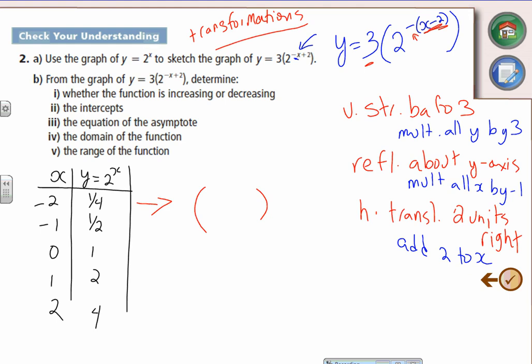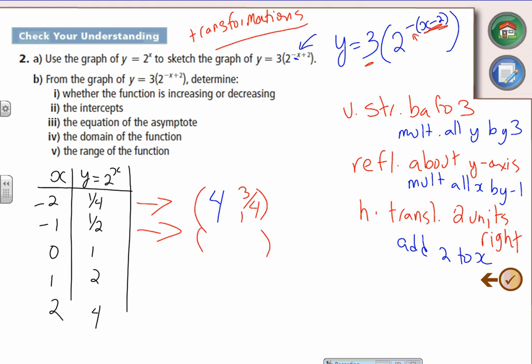Let's take that 1/4, let's multiply the y value by 3, that's going to give us 3/4, or 0.75 if you prefer. Now we're going to take our -2, multiply by -1, which will give us 2, and then to that 2, we're going to add 2, which gives us 4.